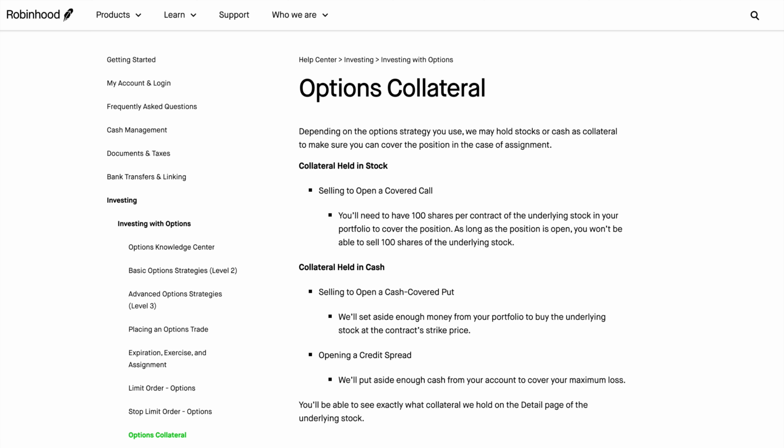So if I held my $99 call option for the TNA stock that we've been talking about, I would need to have $9,900 in my account for that option to be exercised. Now, don't worry, Robinhood is awesome with this. They will exercise your stock option and then immediately sell it, so you can retain the profit of the difference between what you bought at and what they sold it at, which is usually the trading price at close of that day.